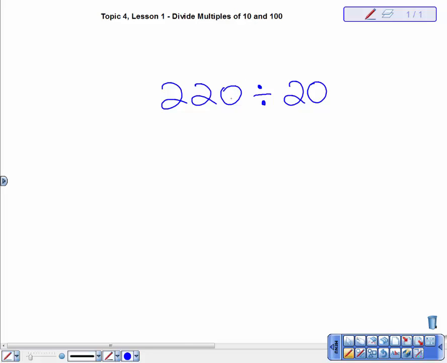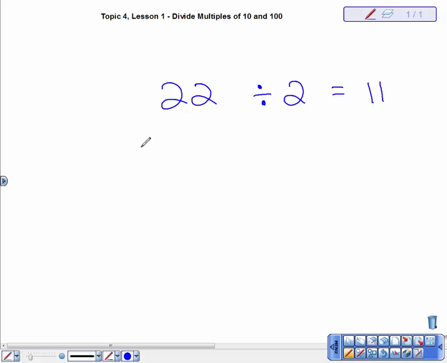I see that I have 1 0 here and 1 0 on this side, so I can permanently erase one set of zeros. There are no zeros left, so now I'm just going to divide this problem, and again, 22 divided by 2 equals 11. I do not give any zeros back because I don't have any left. I erased one set of 0 from both sides, so they're gone forever.